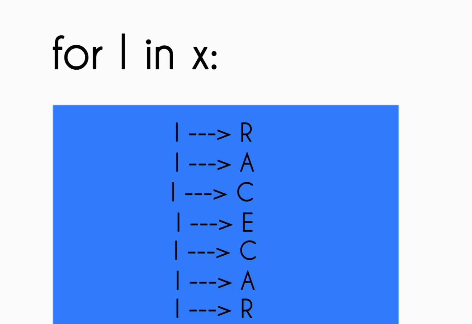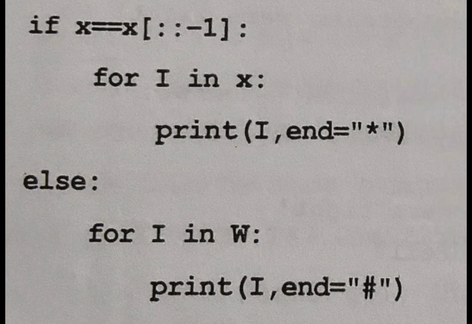So for the first time, the value of i will be R, and for the second time, the value of i will be A, and then C, E, C, A, R respectively. So it will hold each character one by one when the loop will run. Now we have to perform the print function. And this print function is given inside the for loop, and this for loop is given inside the if condition.